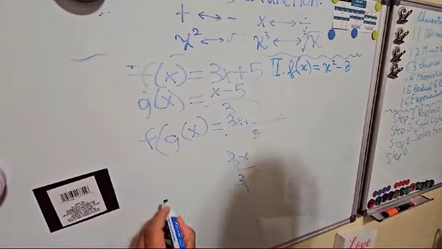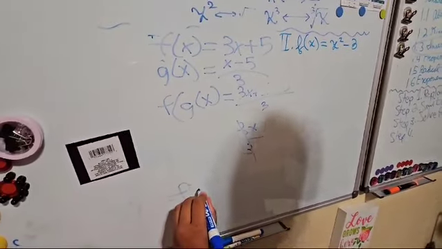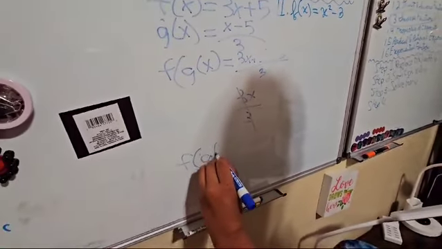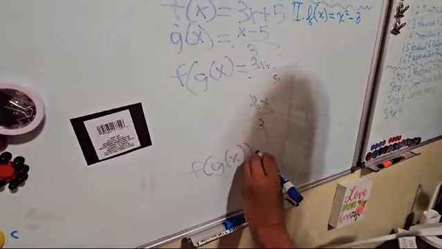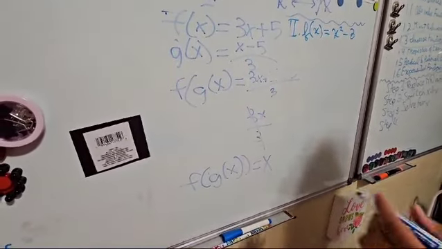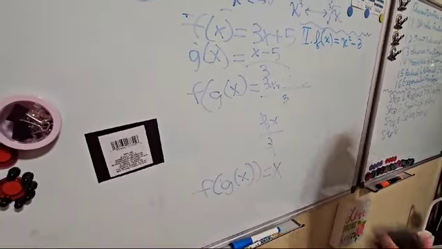So this proof makes sense. So f of g of x is actually equal to x.